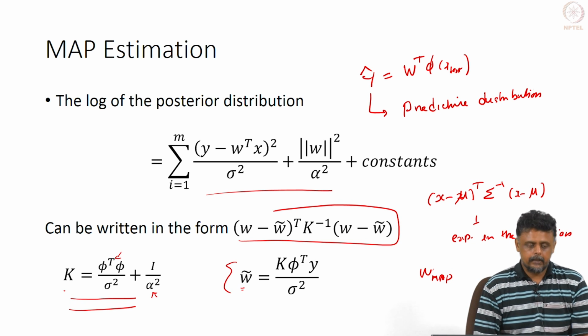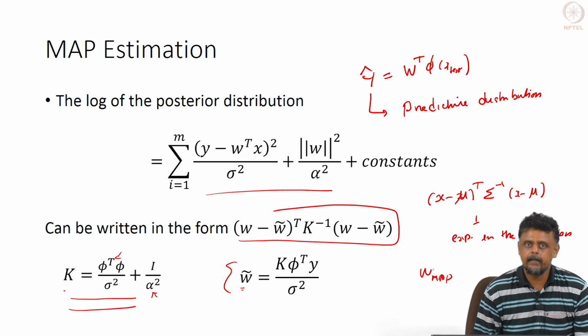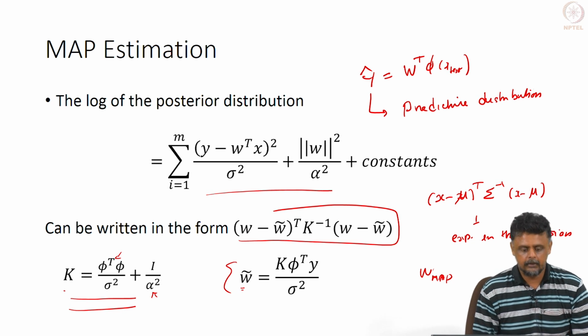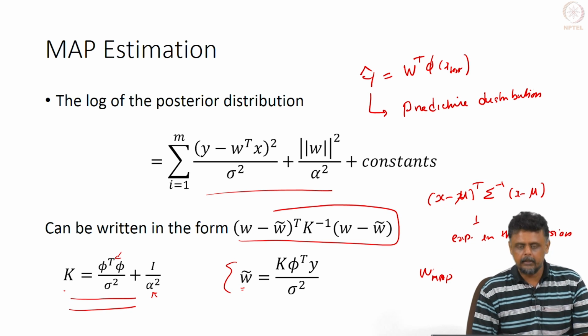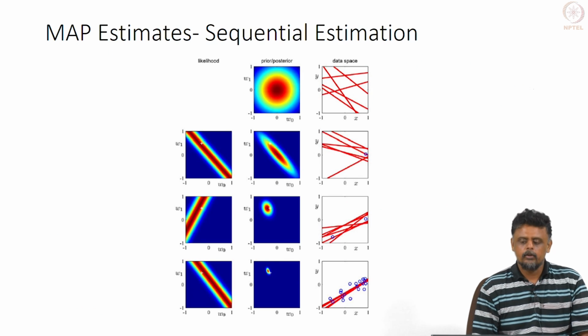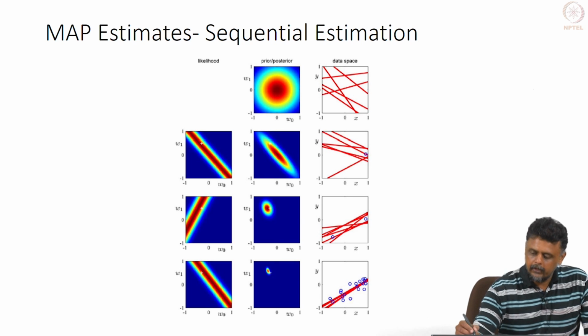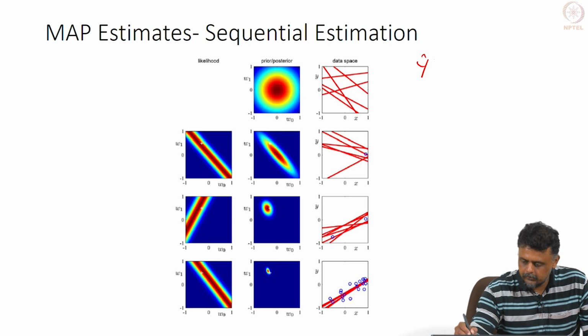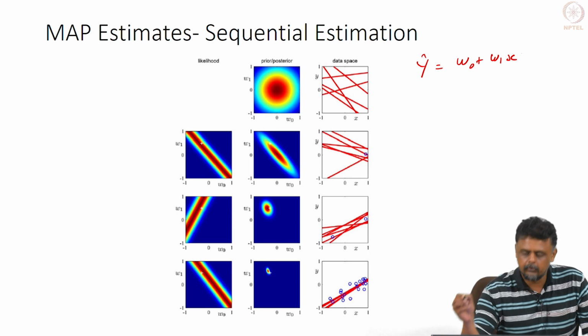What would be useful in many cases is to have an error bar on your estimate, and that is where fully Bayesian regression comes in. But first we will look at this MAP estimate with a slight example. Let us consider this problem where your model is W naught plus W1 x.